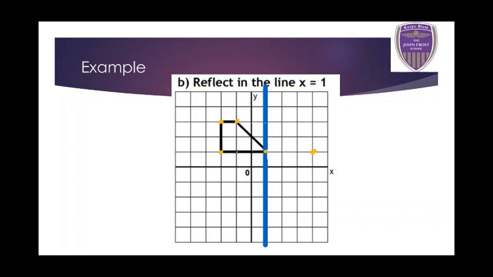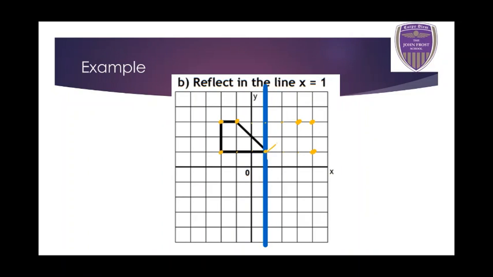So that means I have to count 3 in the other direction. 1, 2, 3. And the final point, the top right point of the shape, how many is it away from the line of reflection? 1, 2. Therefore, we have to draw 2 squares away from the line of reflection. 1, 2. Draw in our final point.